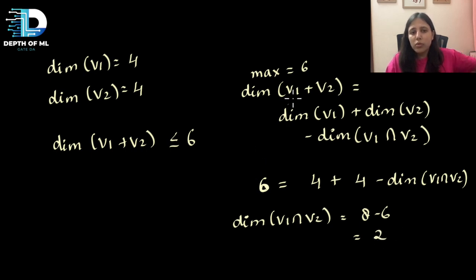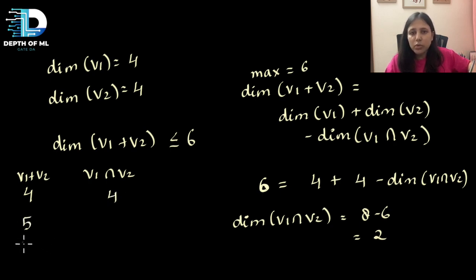How is it the minimum dimension? Because I have considered the maximum dimension that V1 plus V2 can take. The dimension of V1 plus V2 can range from 4 to 6. If the dimension of V1 plus V2 is 4, then the dimension of V1 intersection V2 will be 4.